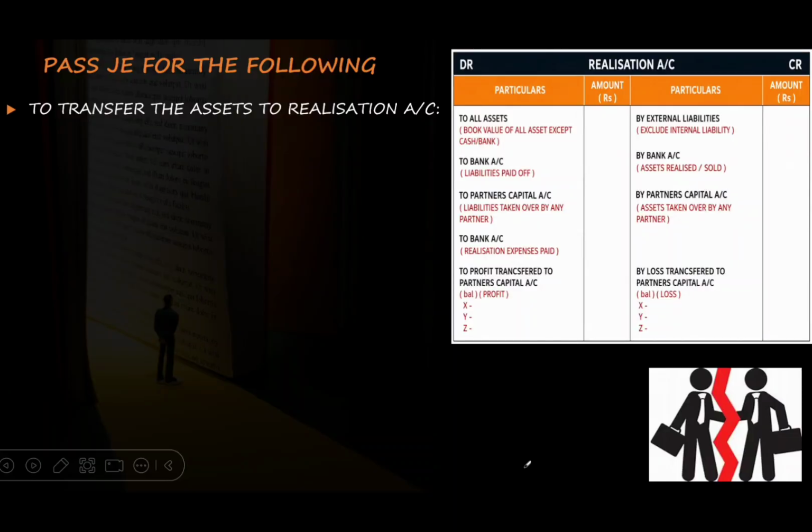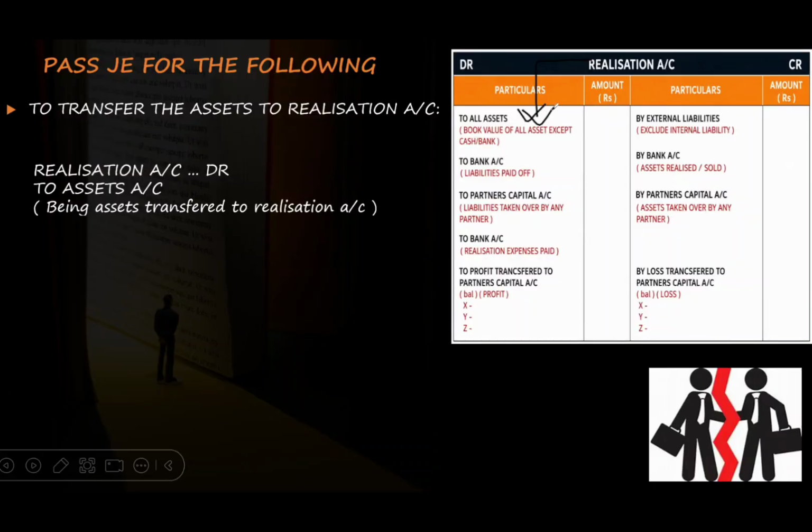From the assets, we transfer them on the debit side of the realization account. So here the journal entry will be realization account debit to assets account. Any asset that is transferred to the realization account is the first entry. So being assets transferred to realization account.